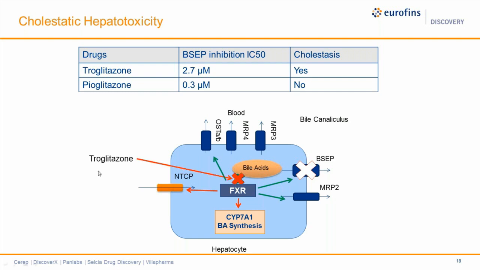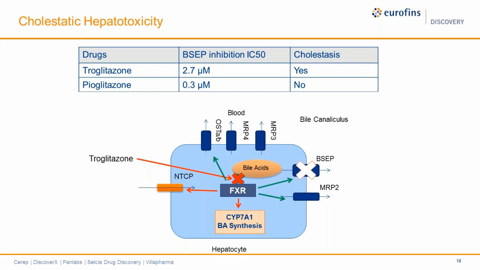It is discovered that troglitazone is also an antagonist of FXR. Therefore, it inhibits not only BSEP, but also the feedback compensation regulatory pathway. Pioglitazone is not an antagonist of FXR. This explains why troglitazone causes cholestasis.